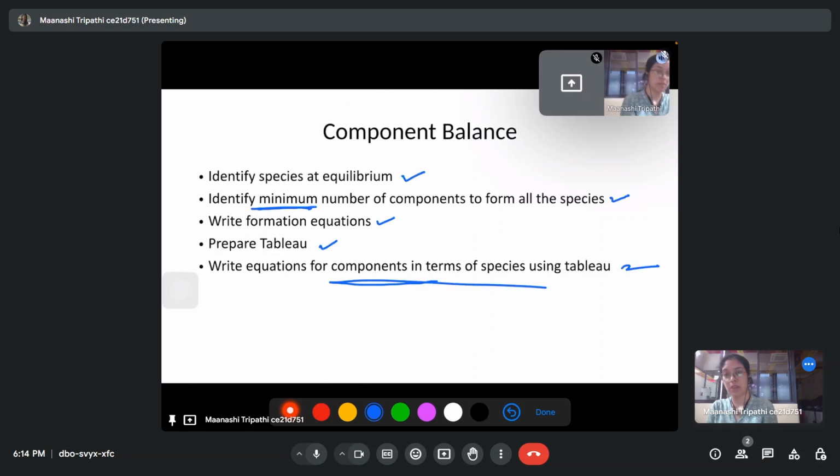So let's take one example and write. Sir has taught this example, I am repeating this again. HAc, on equilibrium, is forming H plus and Ac minus. We'll solve this in some other panel so that it becomes easier for us.